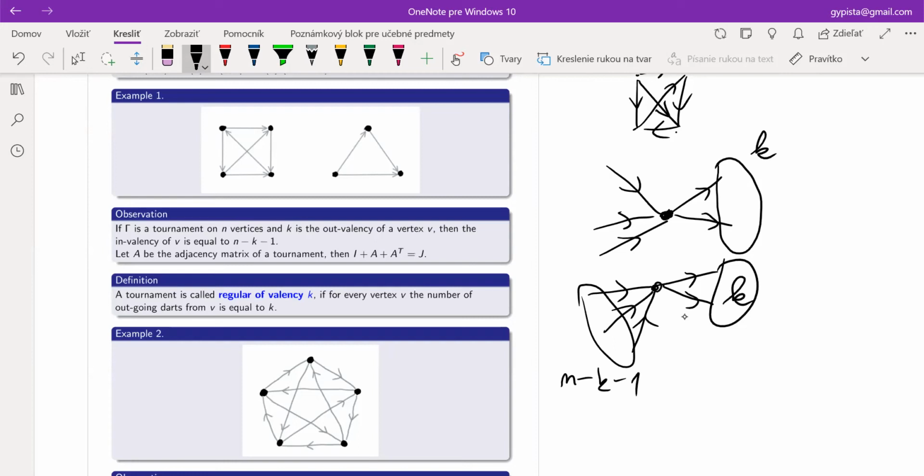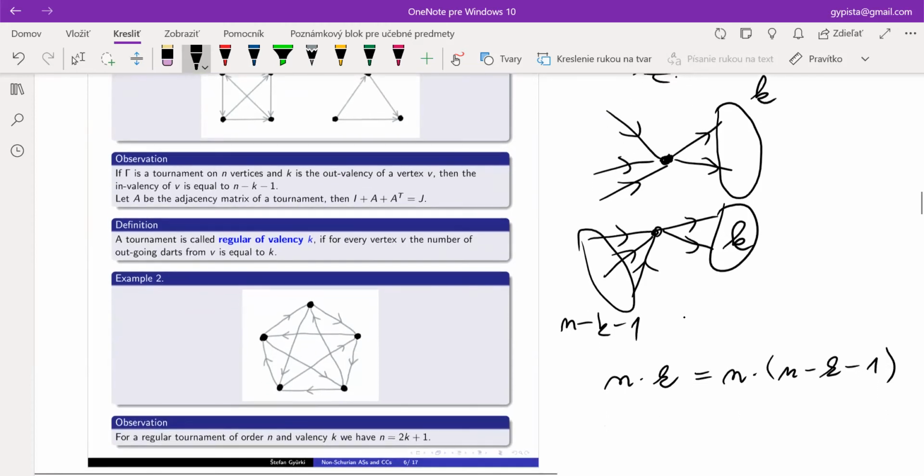And since each dart has to come to some vertex, an easy counting argument says that n times k should be the same as n times (n-k-1). This means that if we would like to have a regular tournament of valency k, then the number of vertices of such a tournament should be odd.